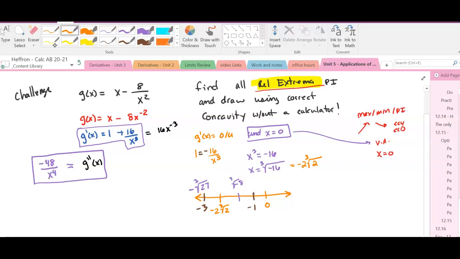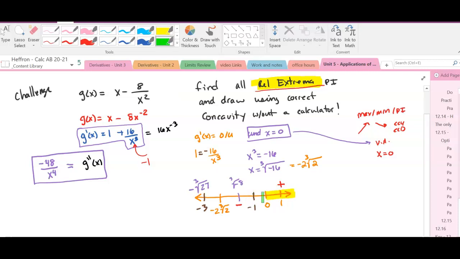So we'll test over here at positive 1. When we test 1 in for x cubed, we get 1 plus 16. Well, that's positive. When we plug in negative 1, we get 1 minus 16. Well, that's negative. And so far, everything to the right of 0 is positive.